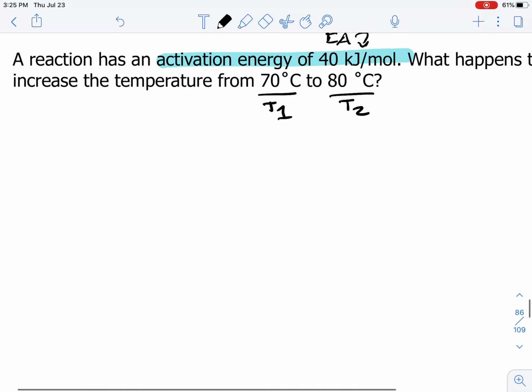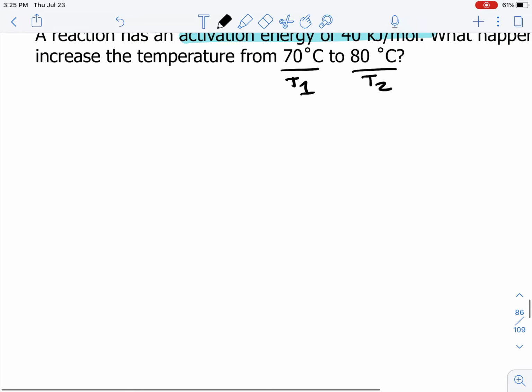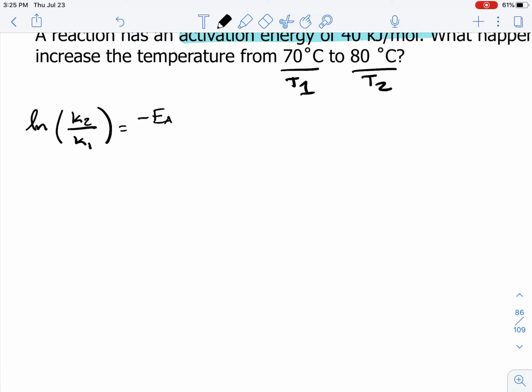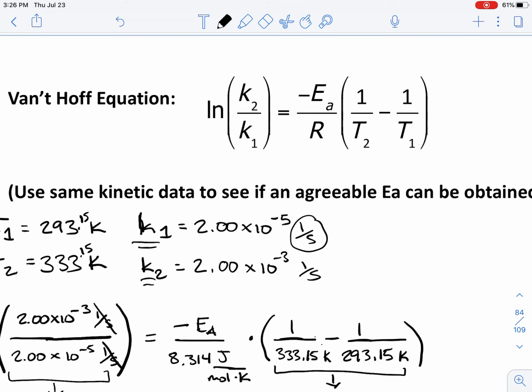And so the question is asking us what's happening to the rate. So if we look at the Van't Hoff equation, the natural log of K2 over K1 is equal to negative EA over R times this by 1 over T2 minus 1 over T1. Okay, so let me just confirm K2, T2, okay?